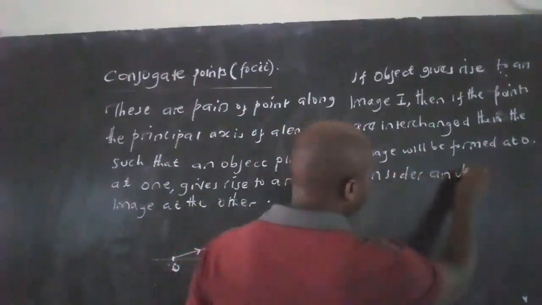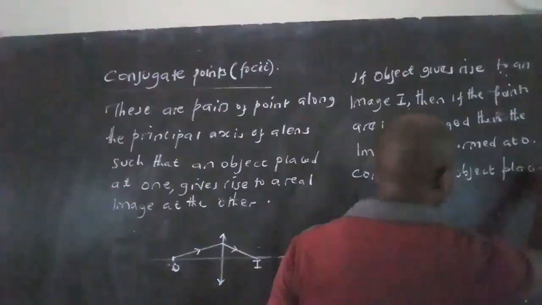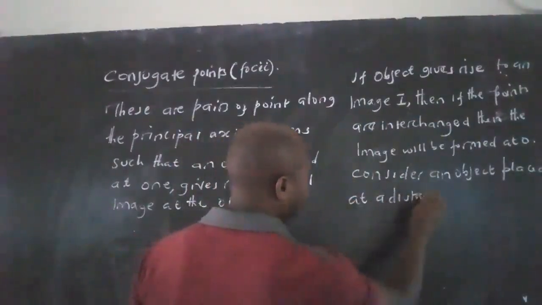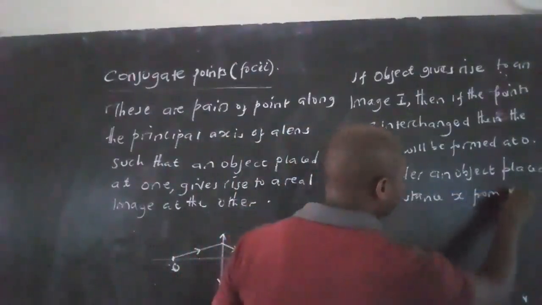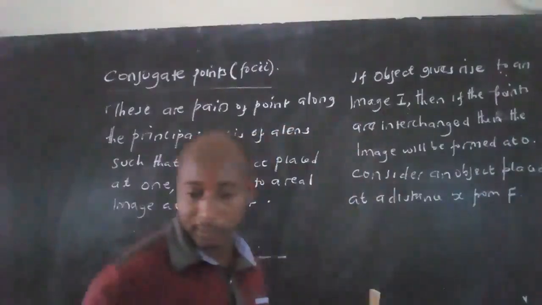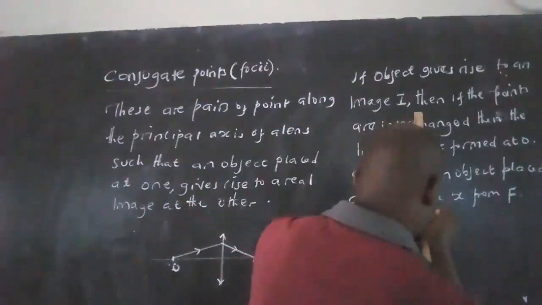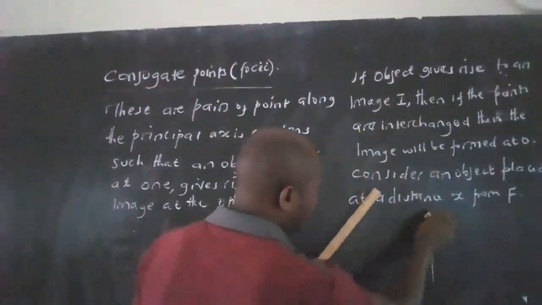Then consider an object placed at a distance x from the principal focus F. Let's do this diagram.